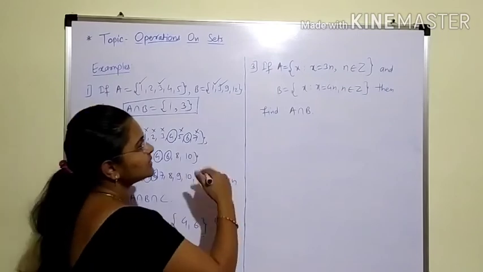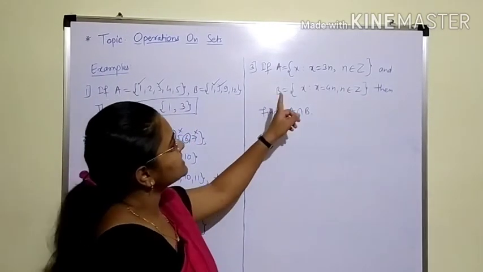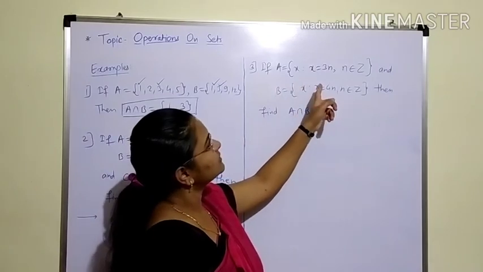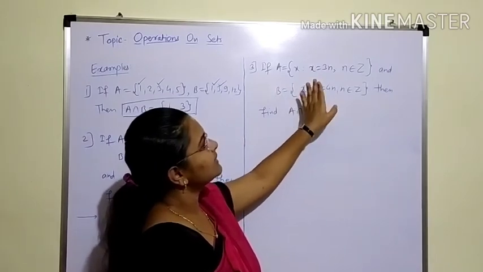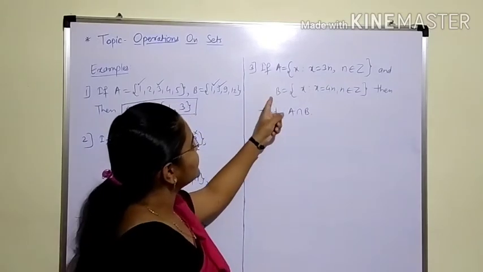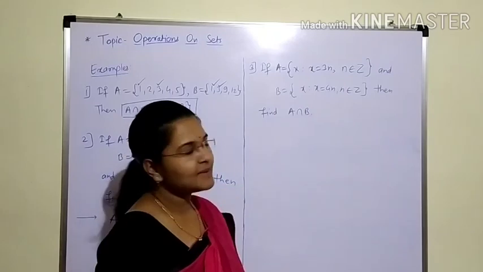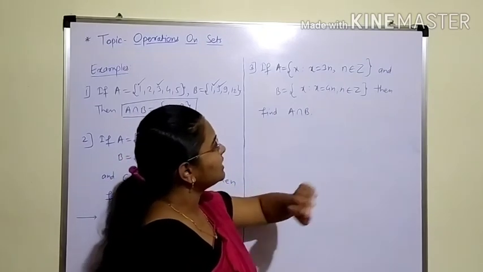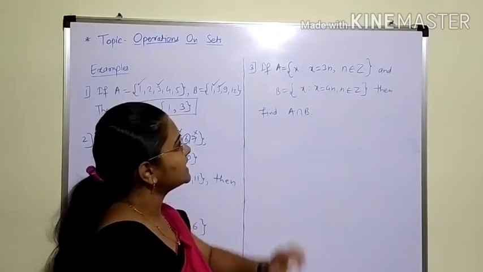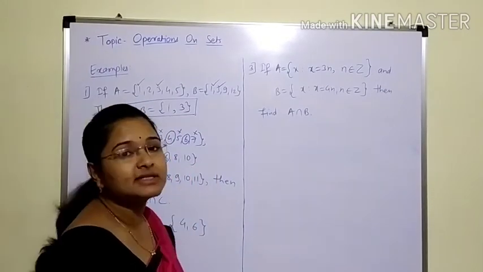Now the third question. Set A is a set of x such that x is equal to 3 times n, that is a multiple of 3, and n belongs to the set of integers. Then set B is a set of x such that x is equal to 4 times n and n belongs to the set of integers. Then find A intersection B. Now students, both these sets are given in set builder form.